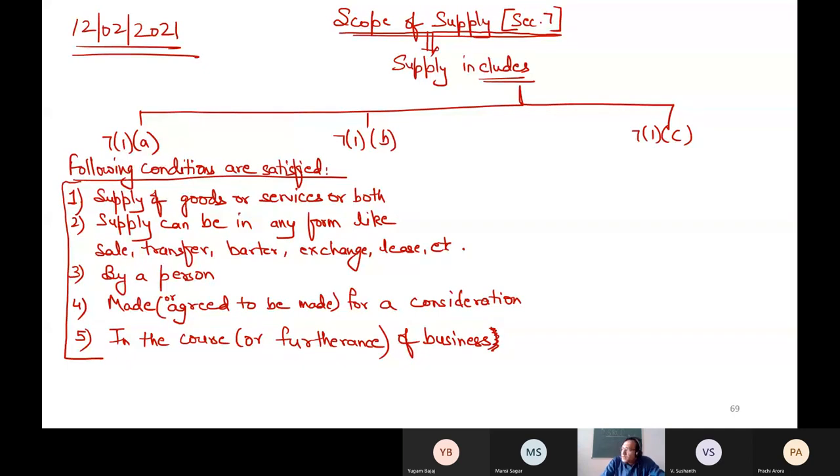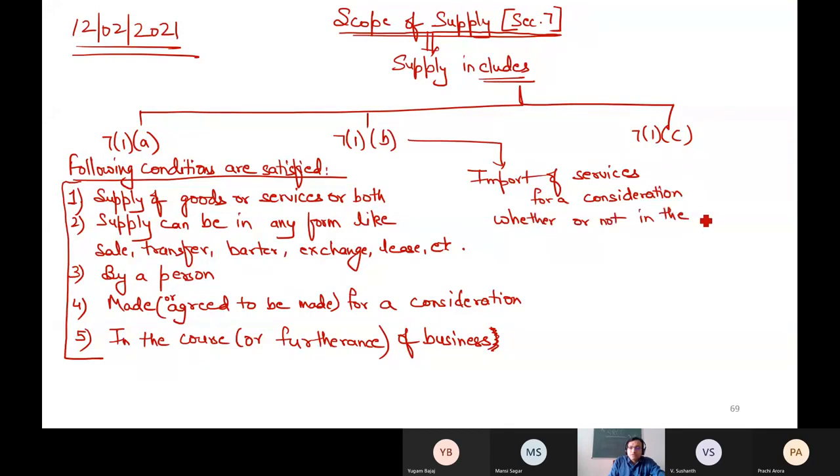Now, what is 7(1)(b), if you remember? In 7(1)(b), what is the supply? When you import service, not goods, when you import services for a consideration, whether or not in the course or furtherance of business.